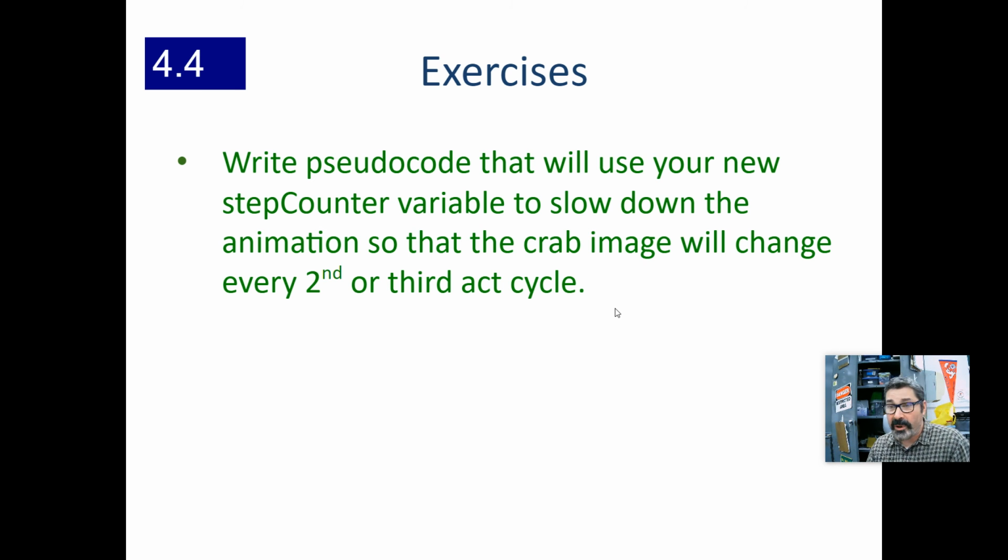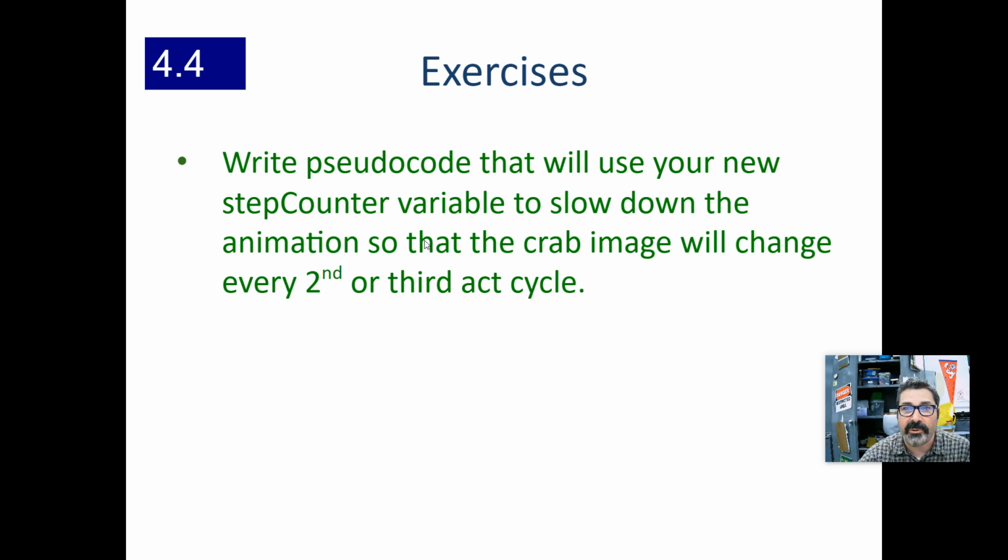Okay, so what we want to do is something like stepCounter equals stepCounter plus 1. So we're going to write some code that does that. And then you're going to have an if: if the stepCounter is equal, so basically pseudocode would be something like add 1 to the stepCounter.